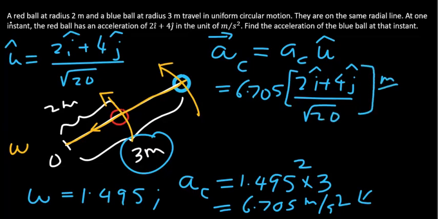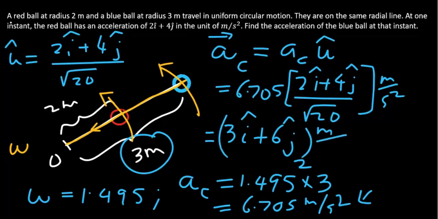And the unit is, of course, meter per second squared. Now let's simplify this. When you do the multiplication, you'll get a rather nice number, namely 3i hat plus 6j hat meter per second squared for the centripetal acceleration of the blue ball.